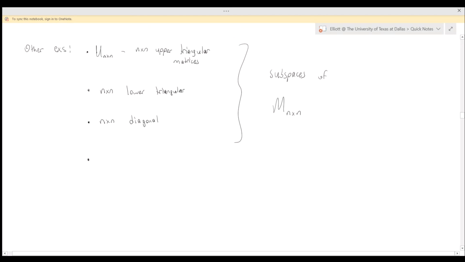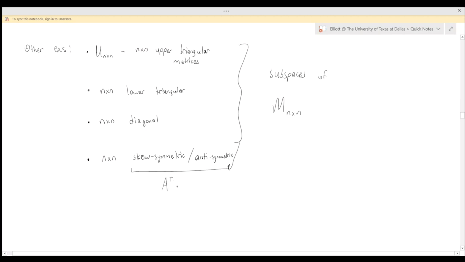I don't think you guys have really talked about it yet, but I'll just mention it. If you look at n by n skew symmetric matrices, or sometimes people say anti-symmetric instead, what is a skew symmetric matrix?